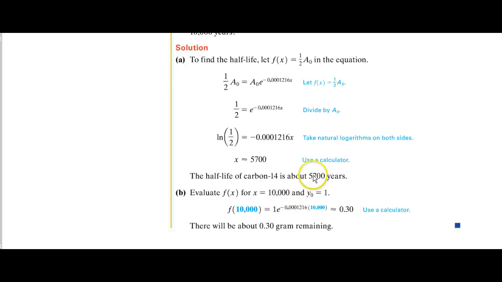Well, you know, over half of it's gone in 5,000 years. So if we put these data into this equation, and then again solve it, it ends up as being 0.30. Putting that in our calculator, of the 1 gram remaining, it would be about 1/10 of a gram remaining.